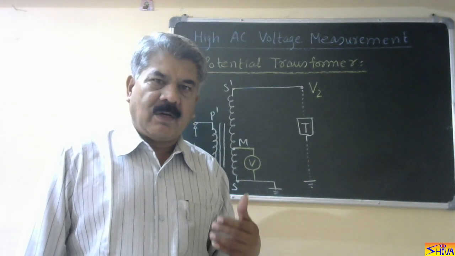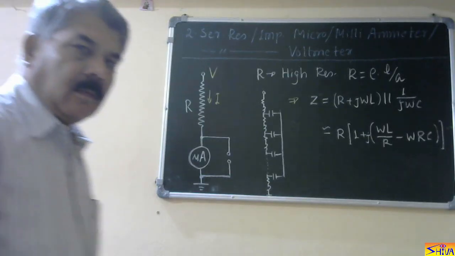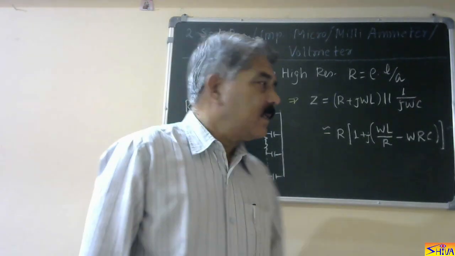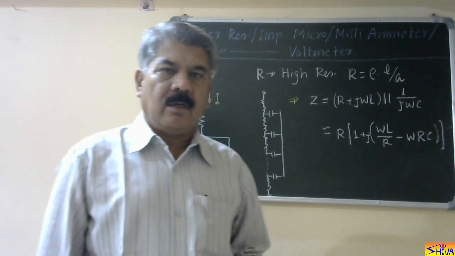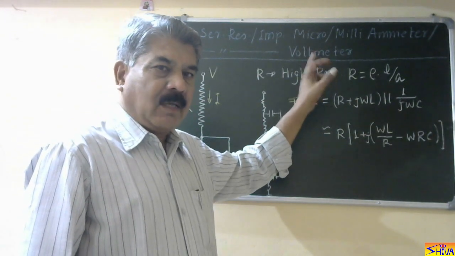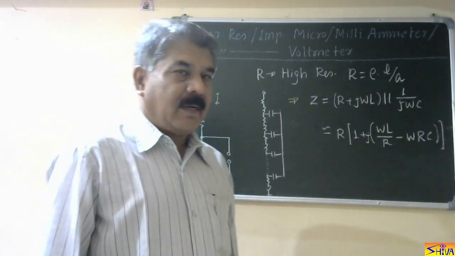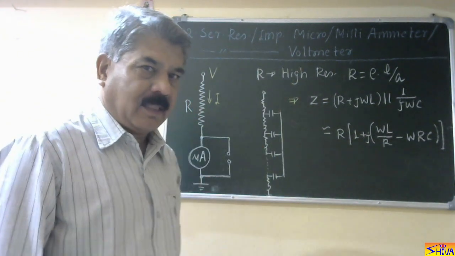Now let us see what are the other methods. Second method is series resistance micro-ammeter or milli-ammeter. That is also called series impedance micro-ammeter or milli-ammeter, also called series resistance or impedance voltmeter method.